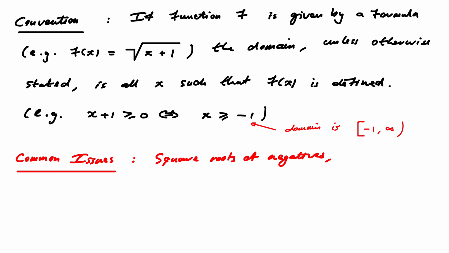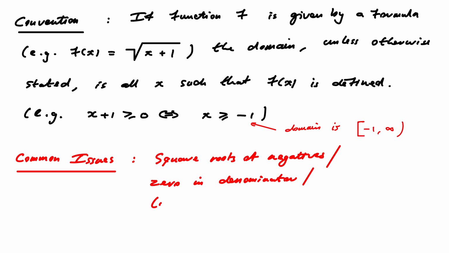Zero denominators, same kind of story. It's not allowed. And another one, a little bit more fancy, you can't take logarithms, for example, of non-positive numbers.